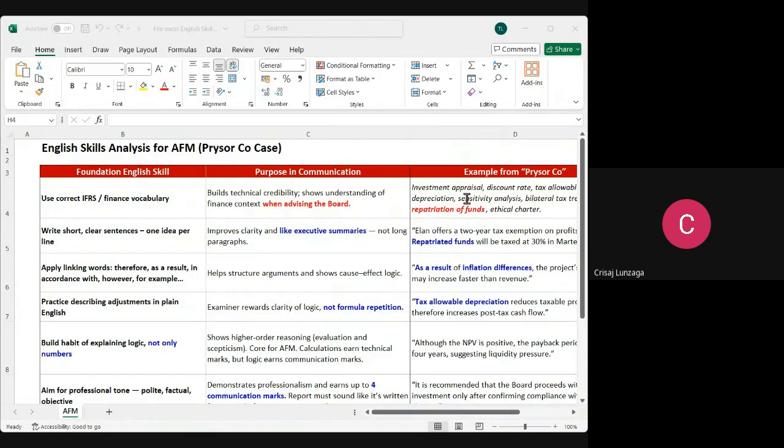But I have a question first of all. You can share your thoughts. What do you think is the difference between writing in English and writing in financial English? Anyone can share their thoughts, please?